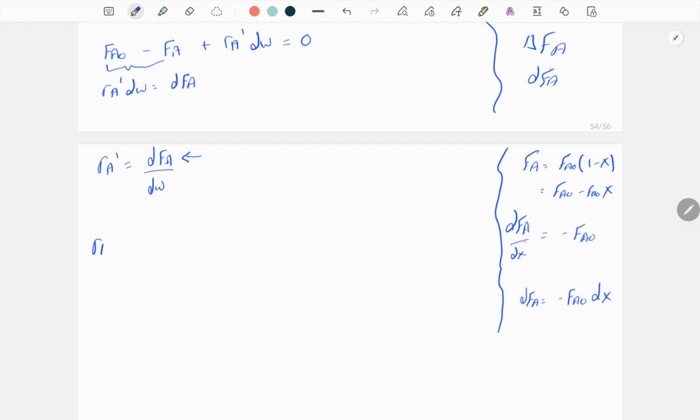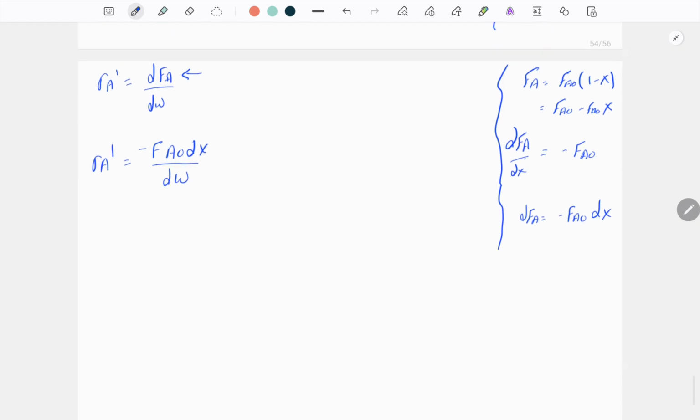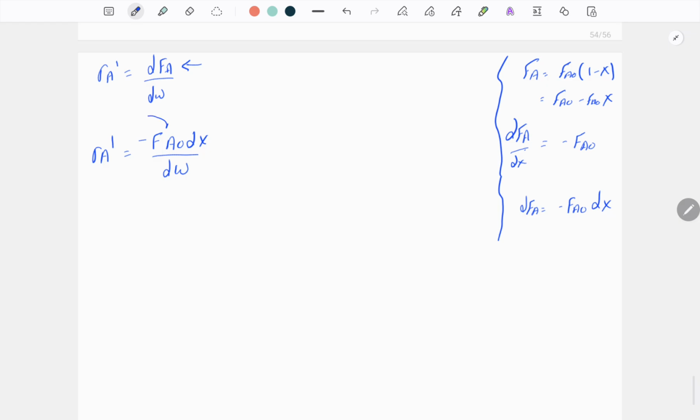So RA prime equals negative FA naught dx over dW. I'm going to move this term to the other side. For the rate of reaction prime, we will assume it to be first order, just for simplicity.